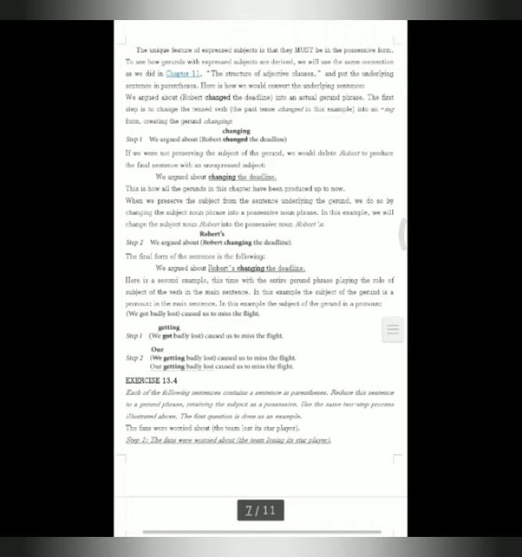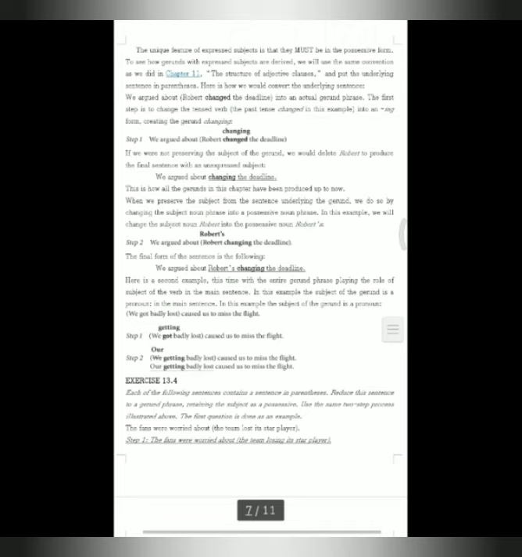The first step is to change the tensed verb, or the past tense change in this example, into an -ing form, creating the gerund changing. Step 1. We argued about Robert changing the deadline.